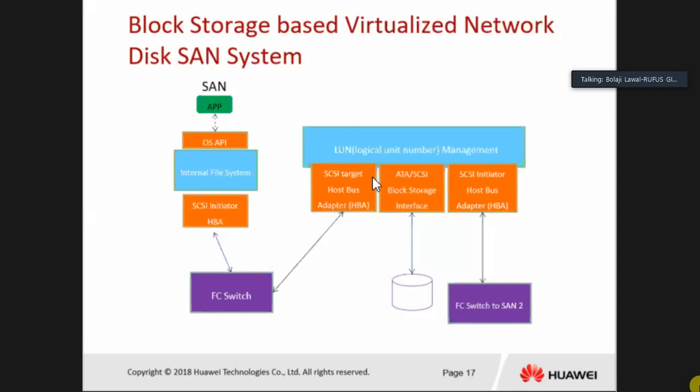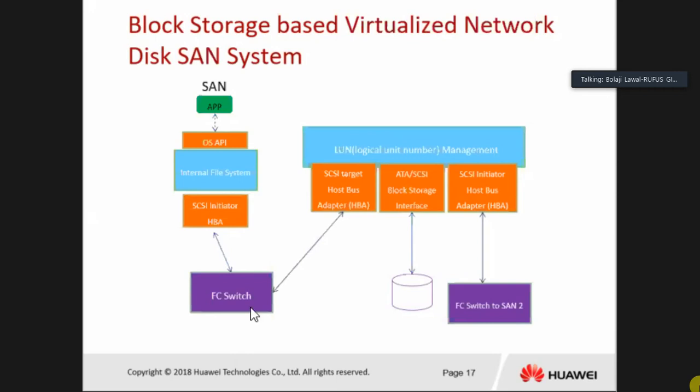Then in the same way, digest it and share it to your disk enclosure. So that's only then that data can be saved in your disk enclosure. Your controller breaks the SCSI command down.